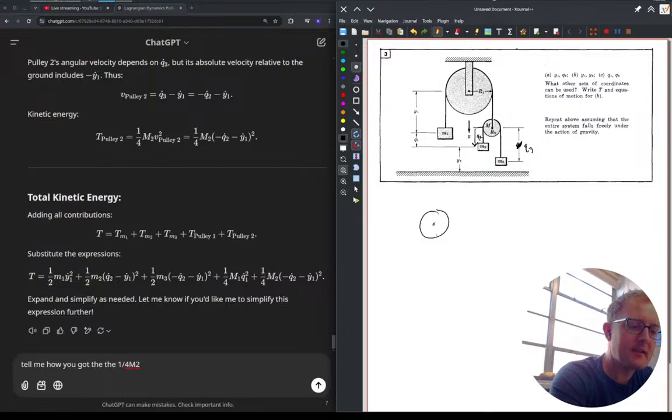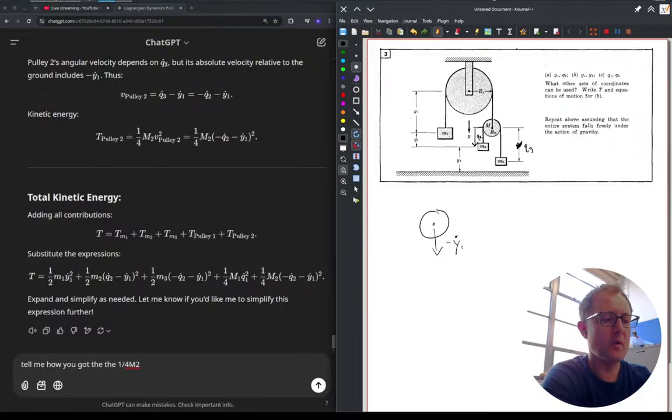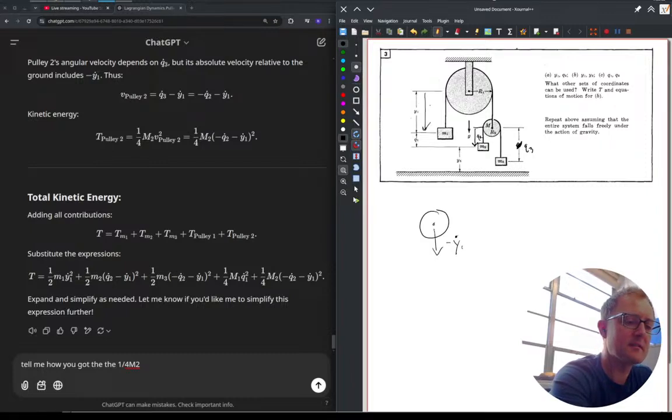This thing can move up or down, and the amount that it moves is a negative y1 dot. So if I'm calling this positive y1, then over here this m1 is a negative y1 dot.